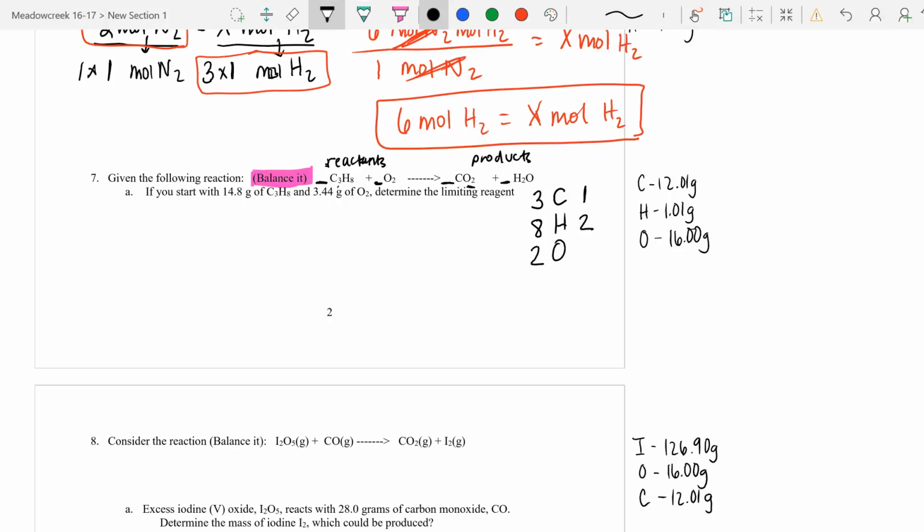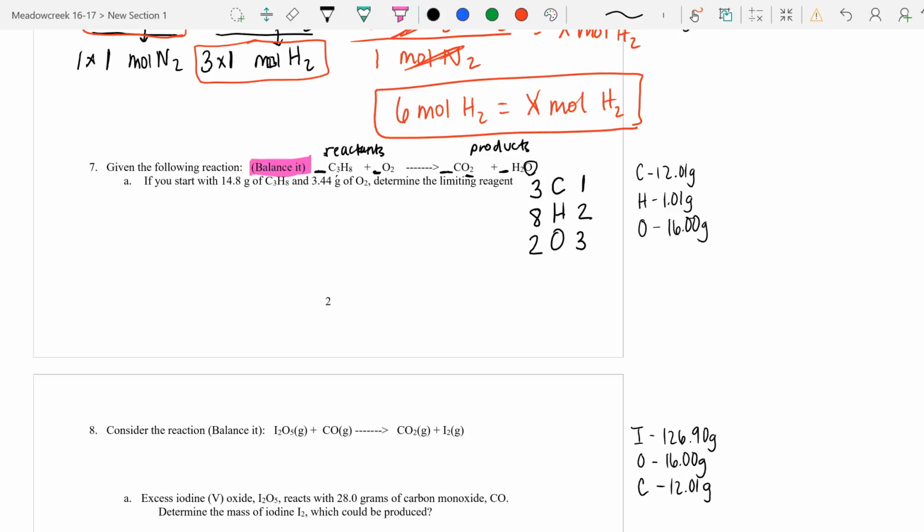I have 2 oxygens here, but I also have this 1 over here in water, so that's 2 plus 1 is going to give me 3 total. And you're like, oh man, oxygens, they're a pain, and they are. But what I recommend doing is balancing those last. Things tend to work out if you balance carbon and hydrogen first.